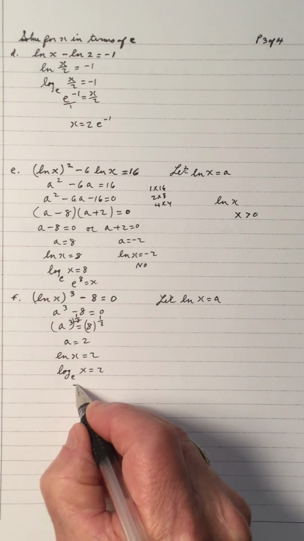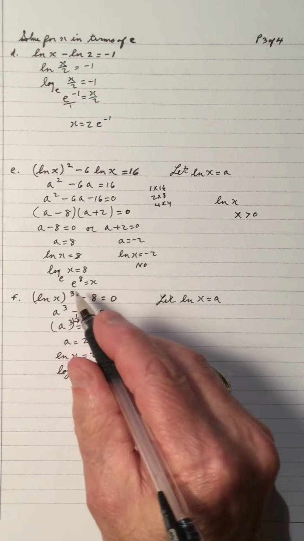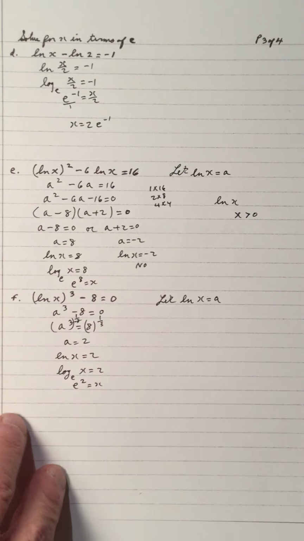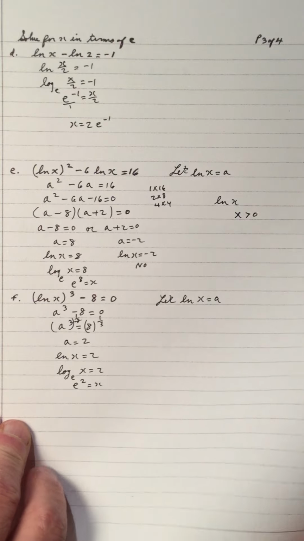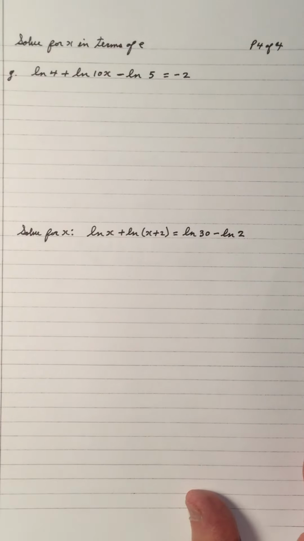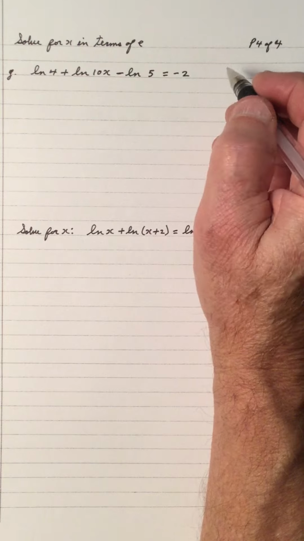So base, exponent, number. So x is equal to e squared. So just some problems to think about solving. And notice the ln rules are the same as the log rules, so it's always good to do extra problems.